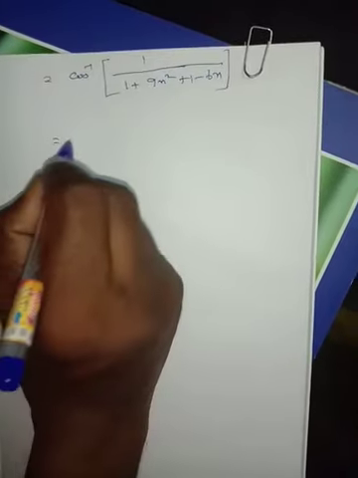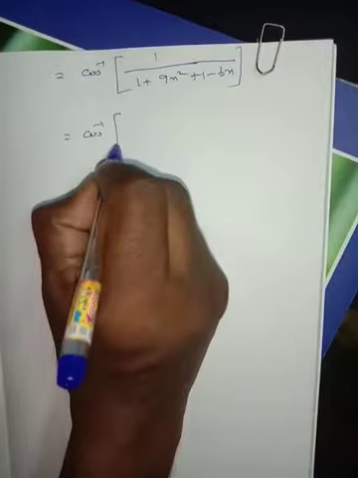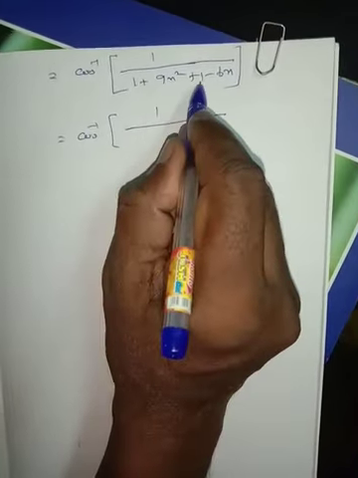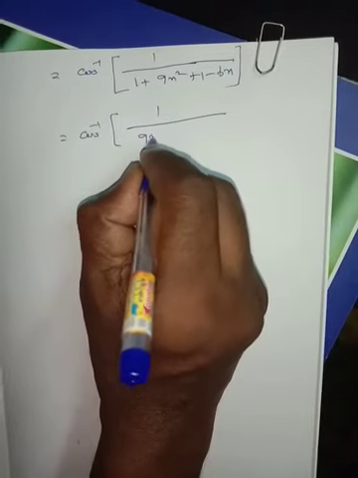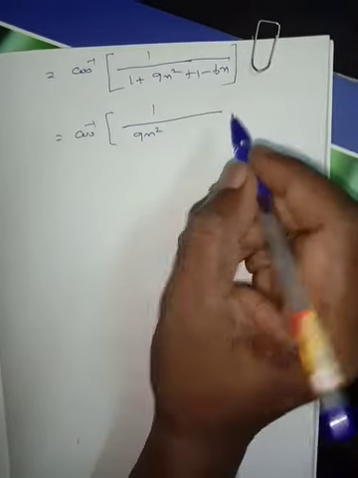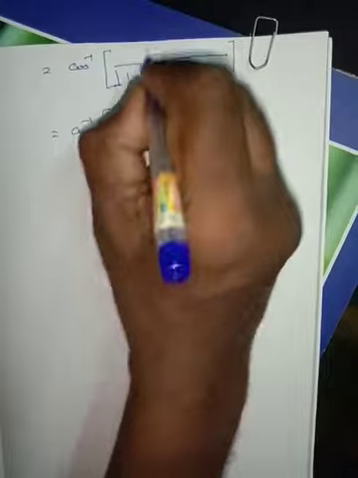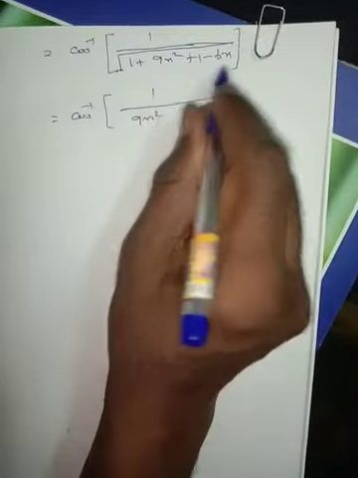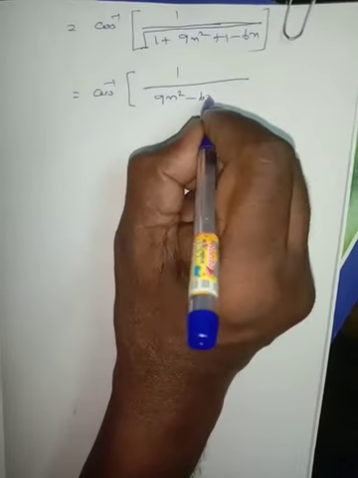This is cos inverse of 1 by square root of 1 plus 1, which is 2. Therefore 9x square minus 6x plus 2.